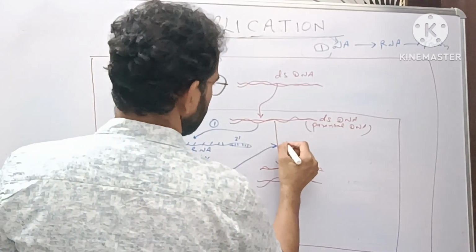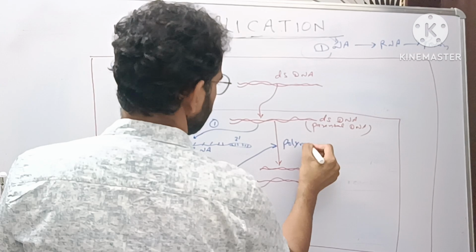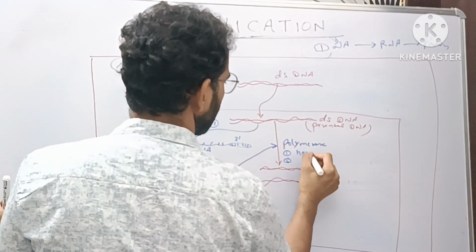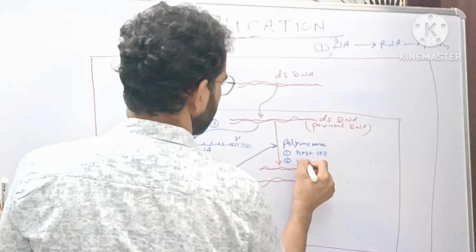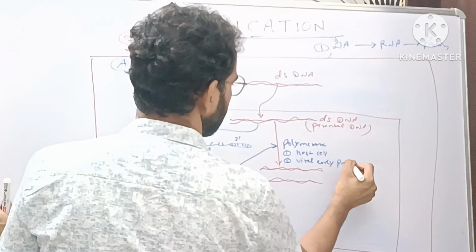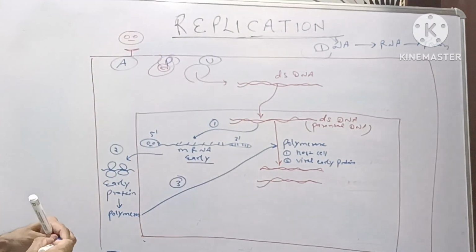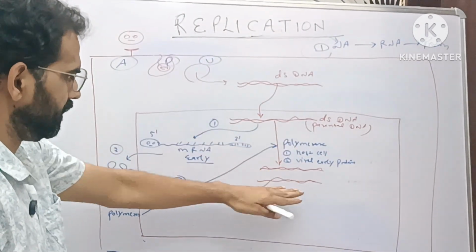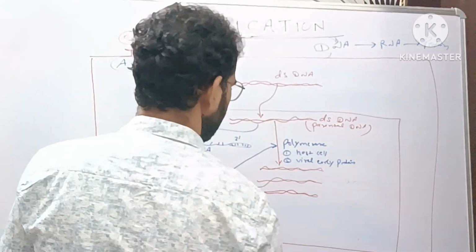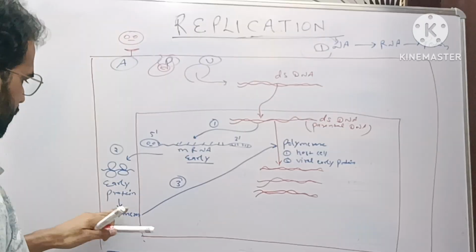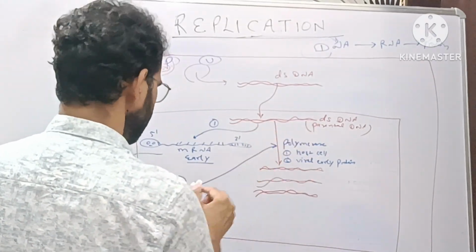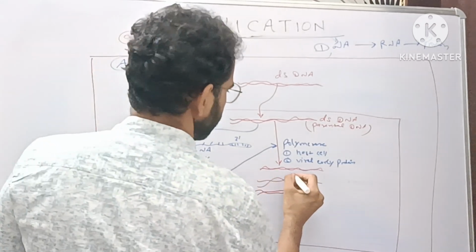So this is the polymerase. The source of polymerase could be number 1, the host cell itself, or number 2, viral early proteins. So the DNA makes multiple copies. Then this polymerase enters the nucleus and causes this parental DNA to make progeny DNA.